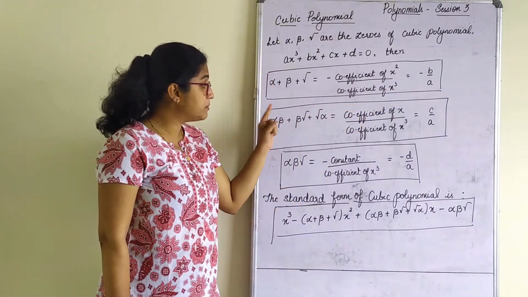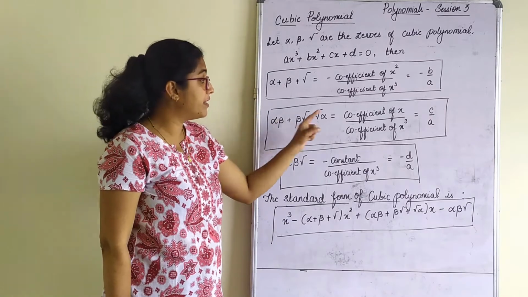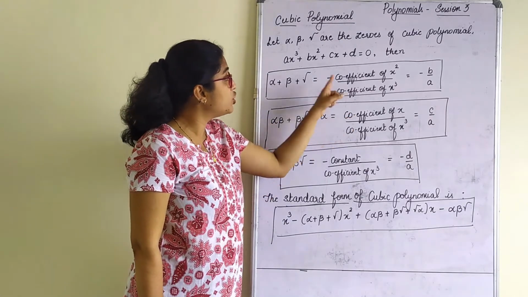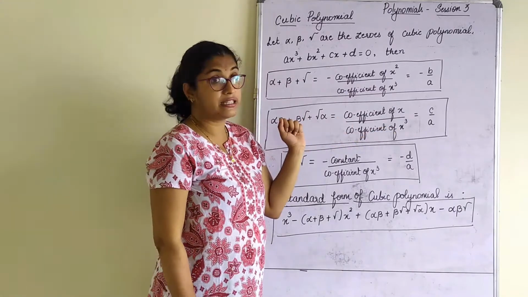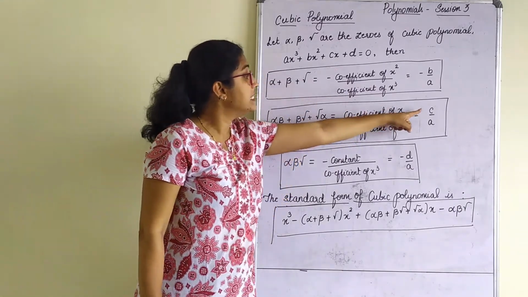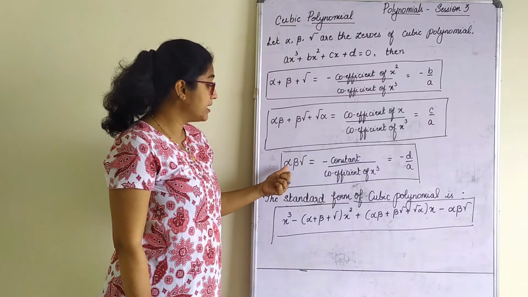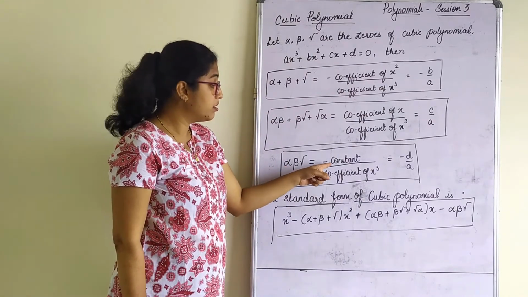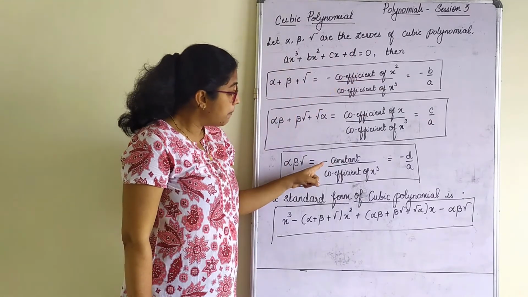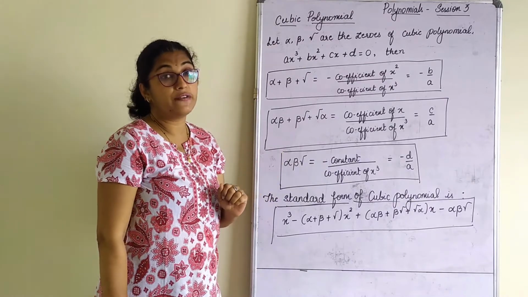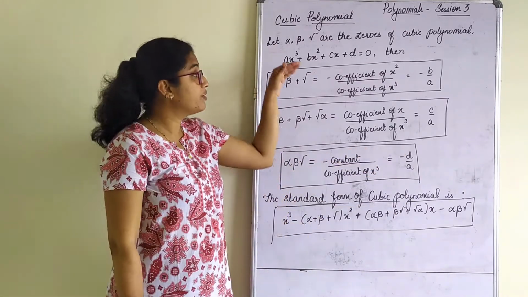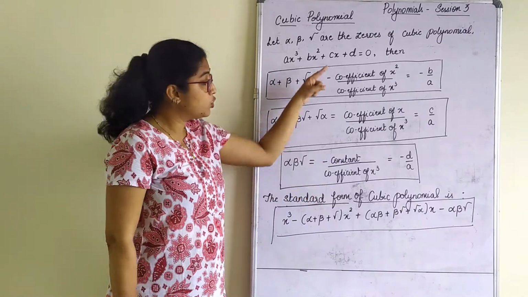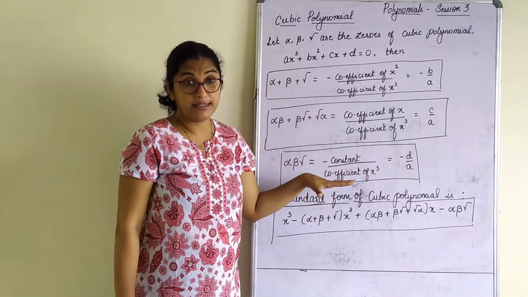Alpha beta plus beta gamma plus gamma alpha is equal to coefficient of x divided by coefficient of x cube, so it is c by a. Last, the product of the zeros is minus constant upon coefficient of x cube, that is minus d by a. There is no derivation for this, so you need to just write it down as it is.